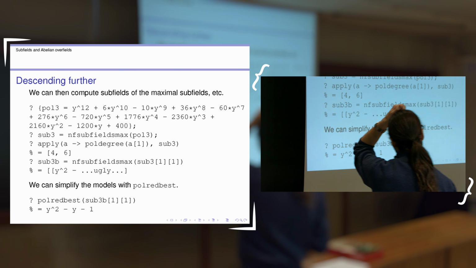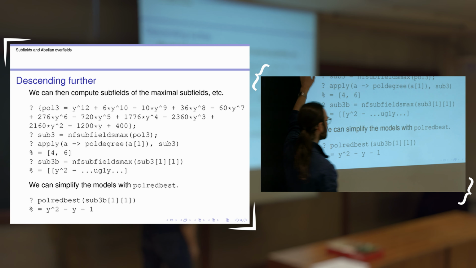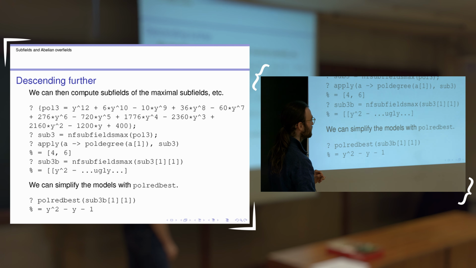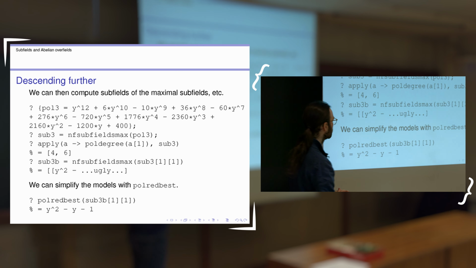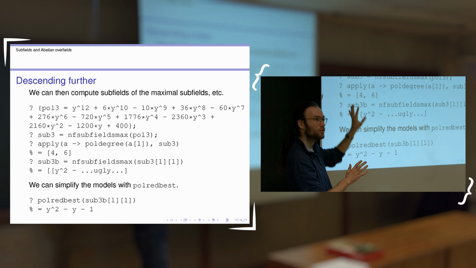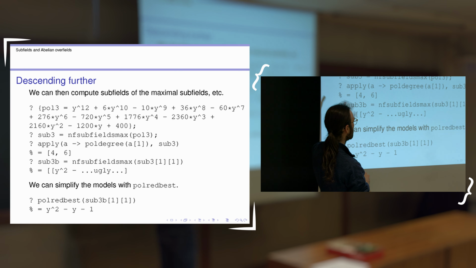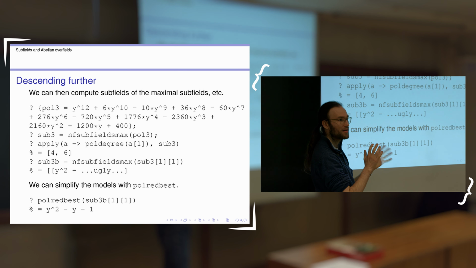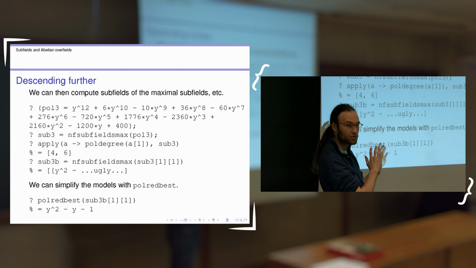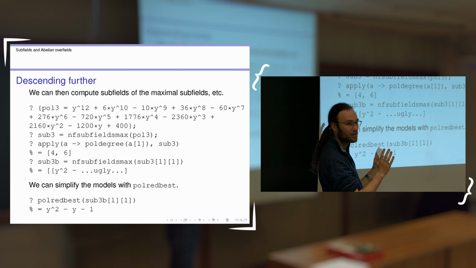Okay, so maybe about these things of descending into the lattice of subfields. I'm going to mention just a little bit what happens internally in the algorithm, because there's some part of it that we considered exporting for GPUs, but we didn't so far.